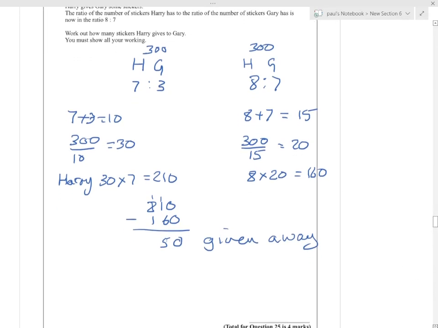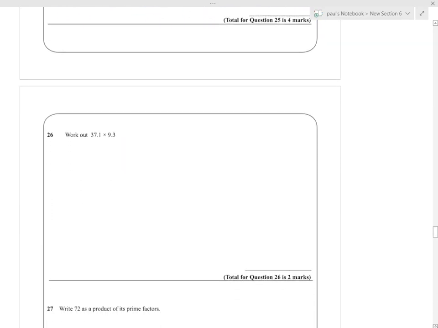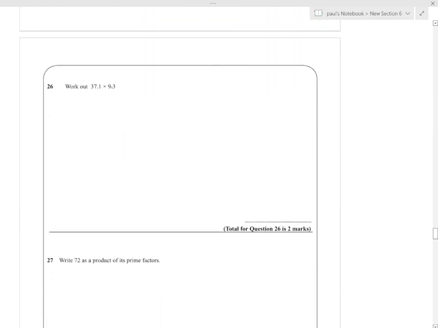Harry and Gary. Work out 37.1 times 9.3. Okay, 3 1s are 3, 3 7s are 21, 3 3s are 9, and 2 is 11.